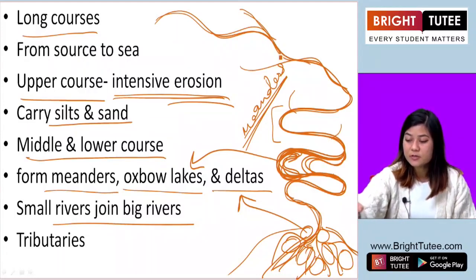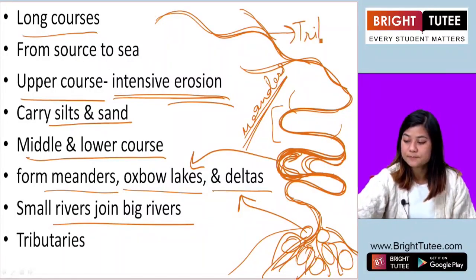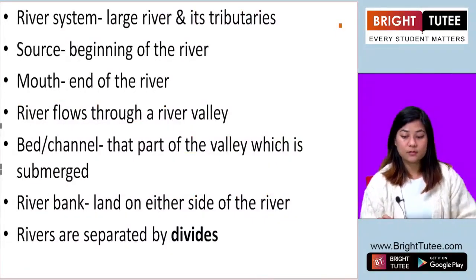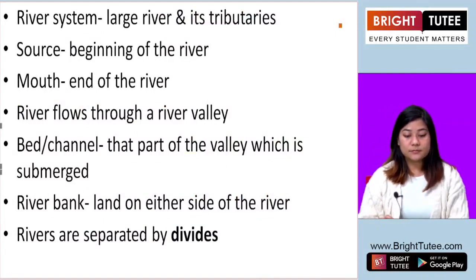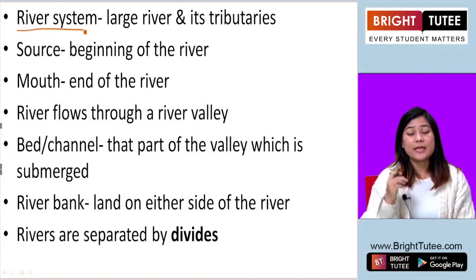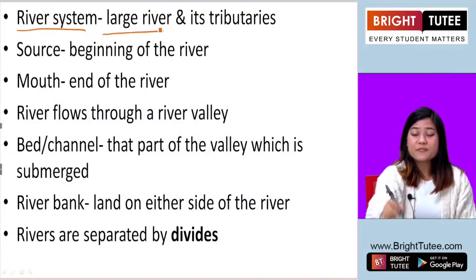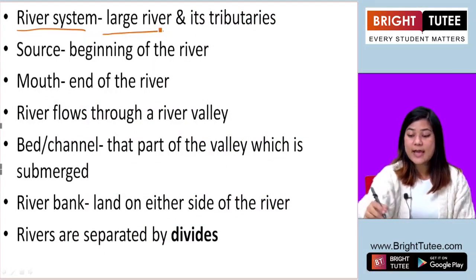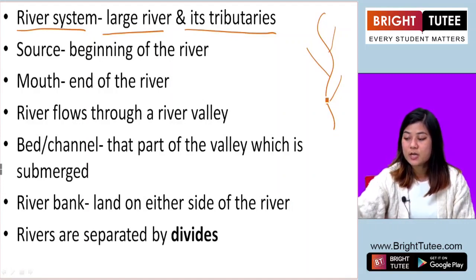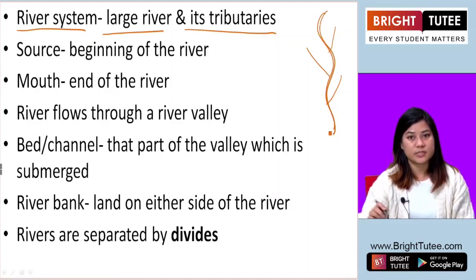Now these rivers that join it are called tributaries. So a river system basically consists of the main river or the large river and its tributaries. So there is the main river and it has its tributaries. So this is the river system.